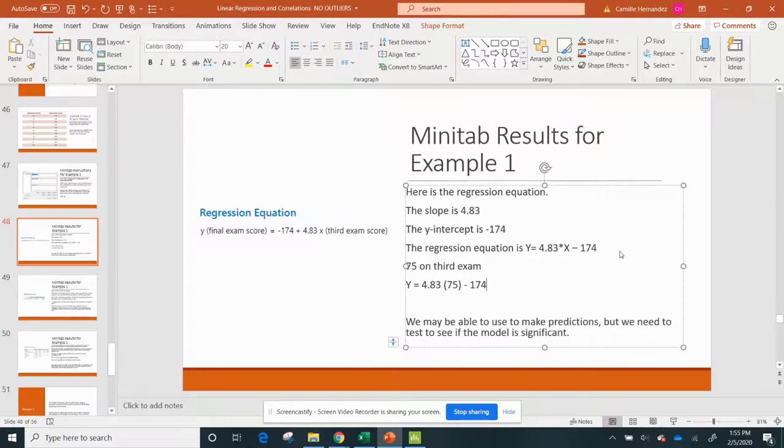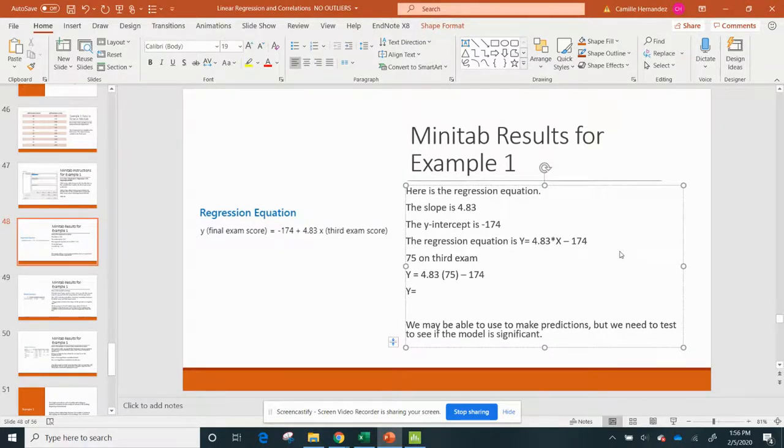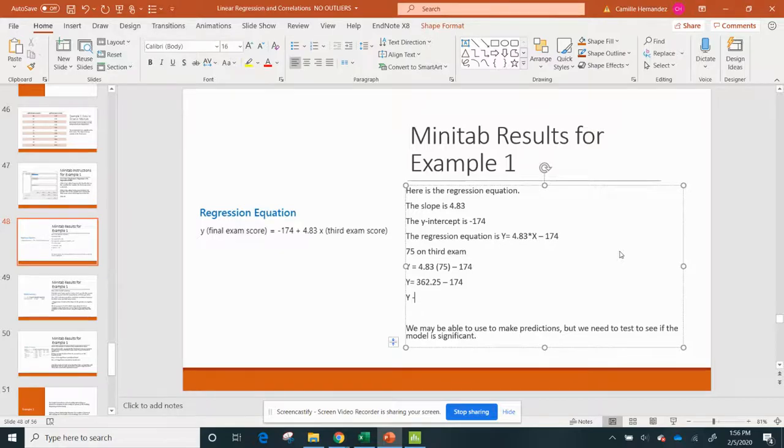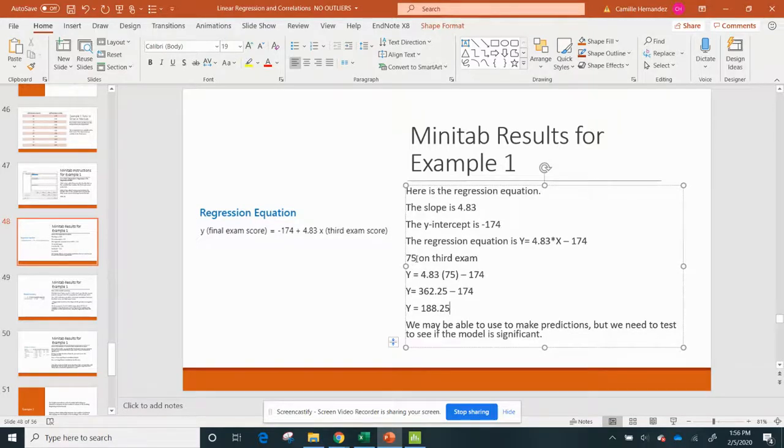If I multiply 4.83 times 75, I get 362.25 minus 174, so y equals 188.25. So if they made a 75 on the third exam, I would predict them to make a 188.25 on the final exam. And remember, because I found this significant, I can do these predictions.